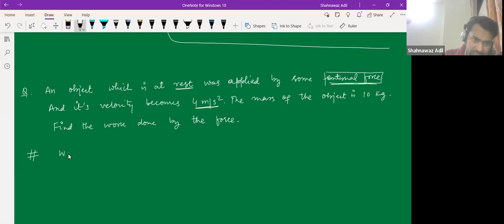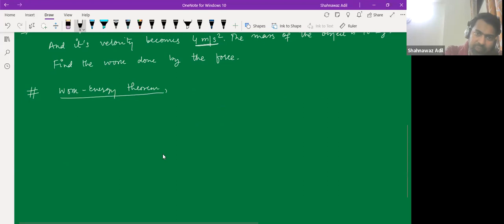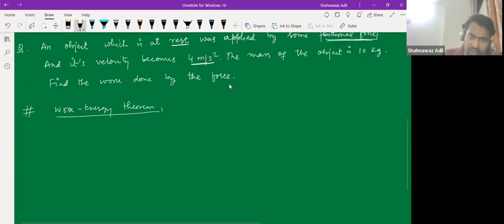From the work energy theorem, work done would be simply the change in kinetic energy. So W equals half m v final squared minus half m v initial squared.